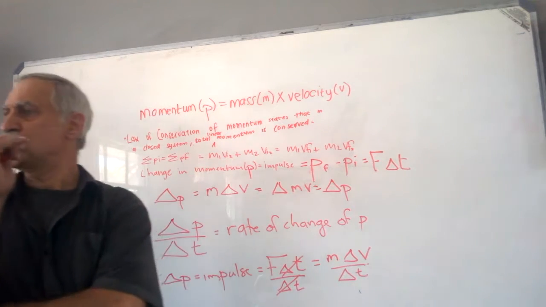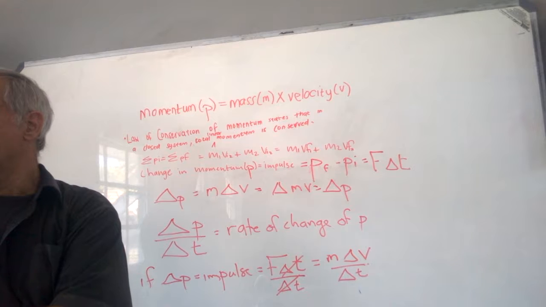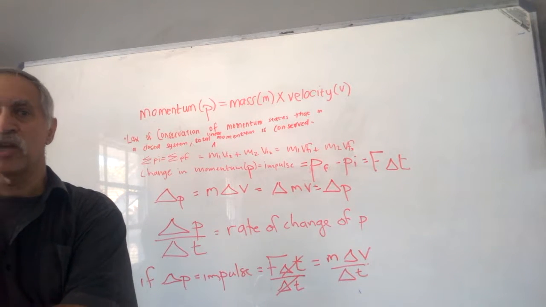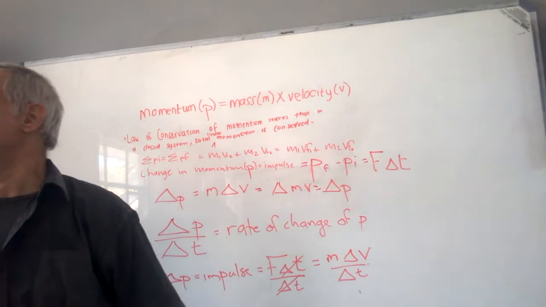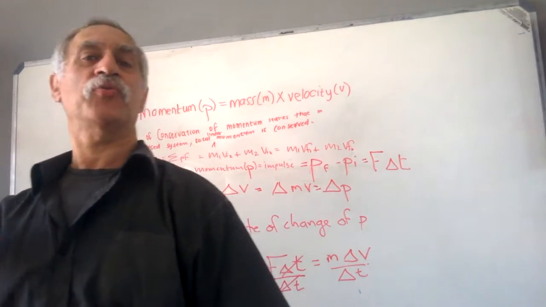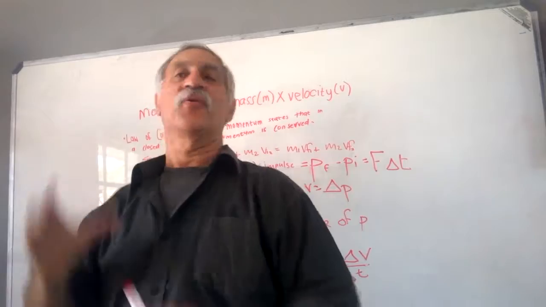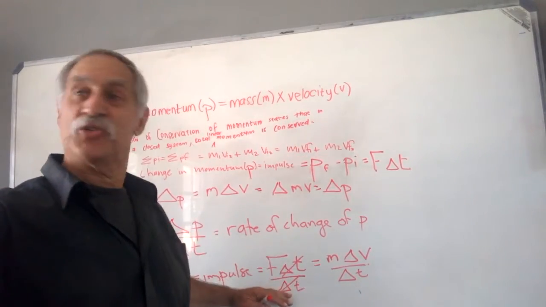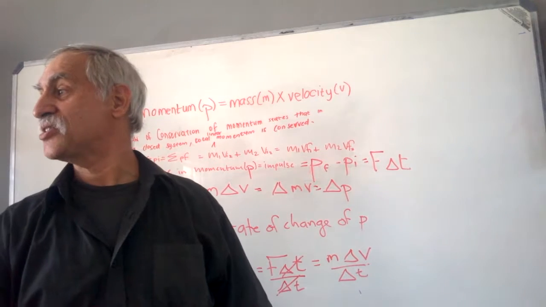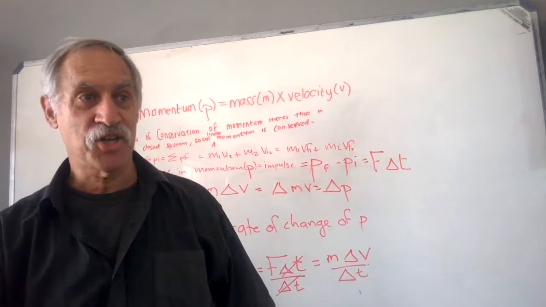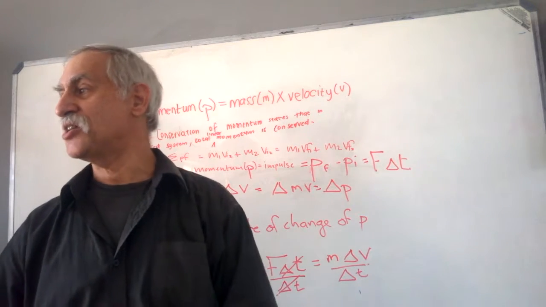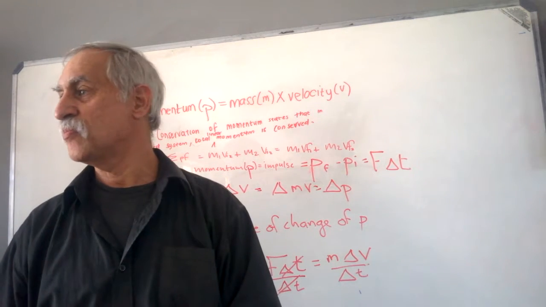Isn't that strange? I mean, think about that, physicists. Isn't that strange? From Newton, what do we do for Newton? What is Newton 2? Force equals mass times acceleration. Isn't a mass accelerating a change of momentum?